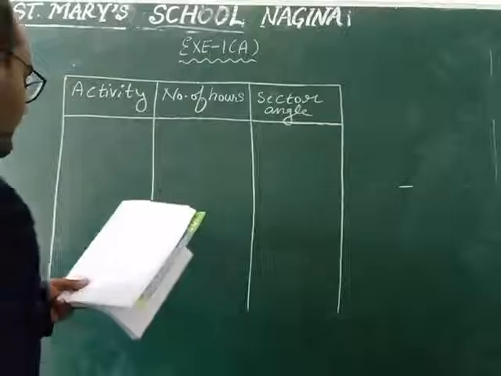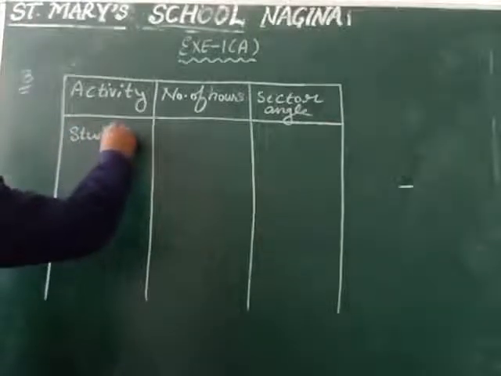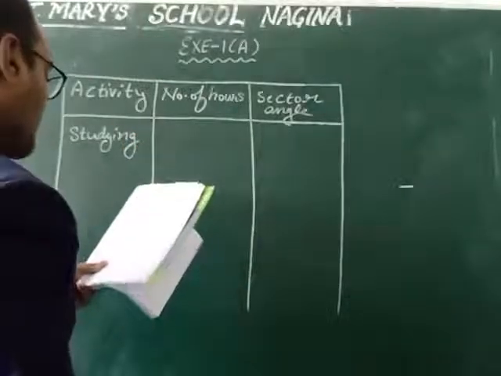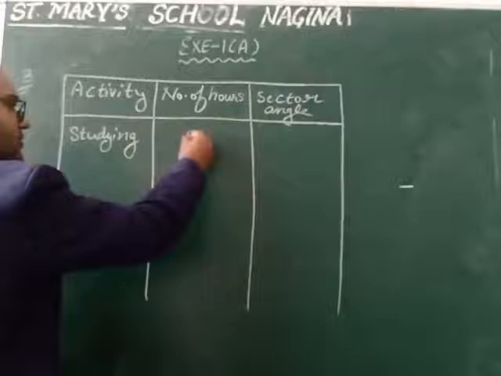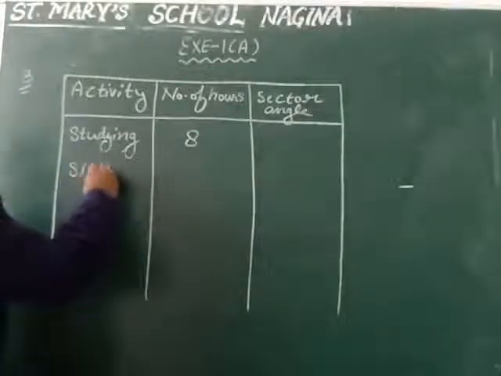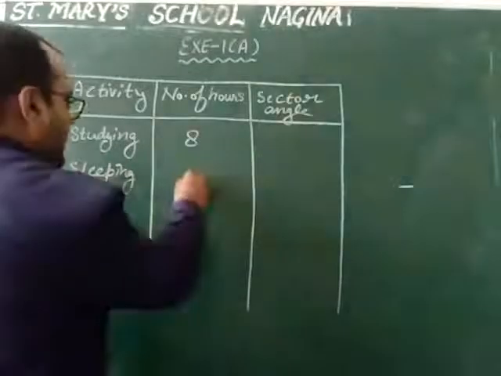Now first activity is study. How many hours is Robin studying every day? 8 hours. Second activity is sleeping. So sleeping, how many hours? 8 hours.